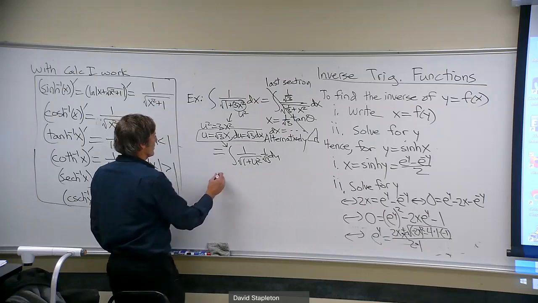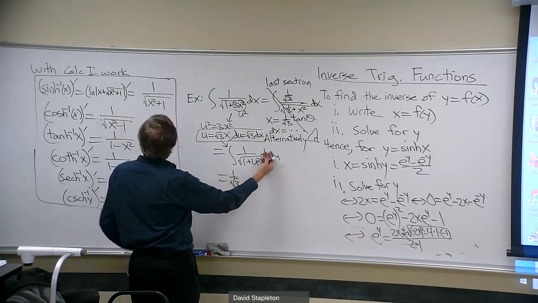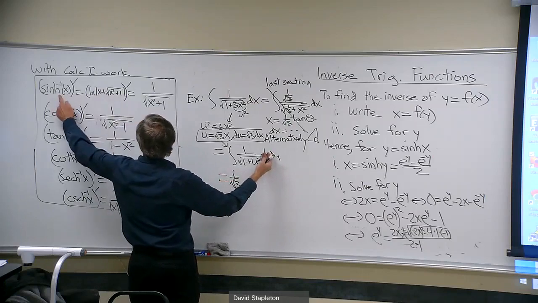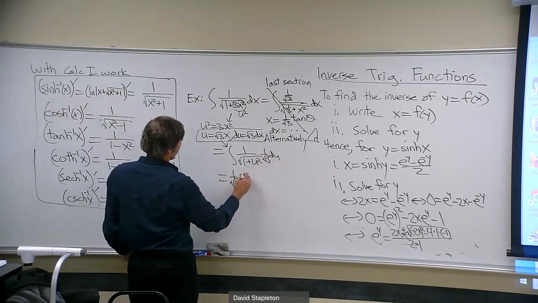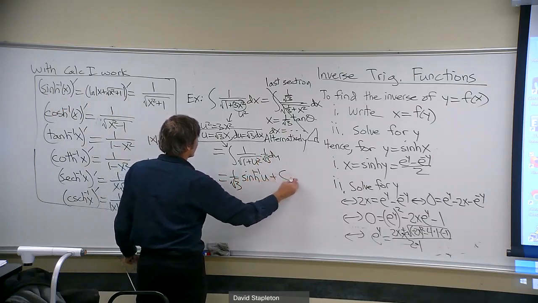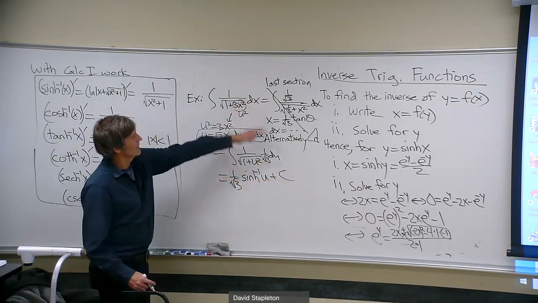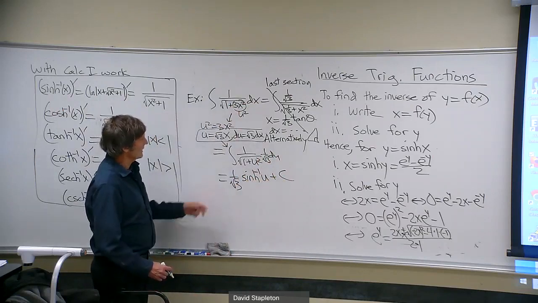Wait a minute, if I pull the 1 over square root 3 out, this is easy, right? The integral of 1 over square root 1 plus u squared is just going backwards, inverse hyperbolic sine of u, plus a constant. There it is, just as quick as that. All those many steps over there are made easier.